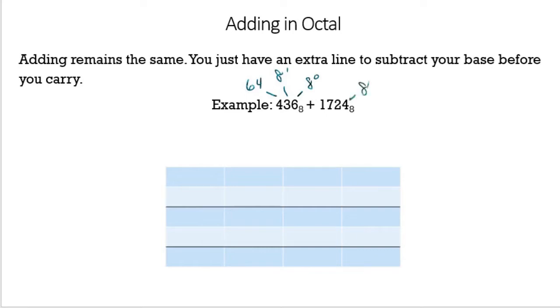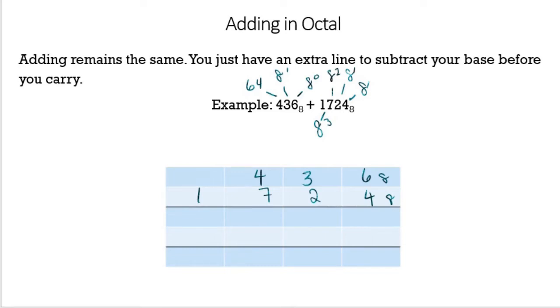The 4 is in the ones, the 2 is in the 8s, the 7 is in the 64s. And the 1 is in the 8 to the power of 3, or 512. All right, so 436 in octal, plus 1724, also in octal.